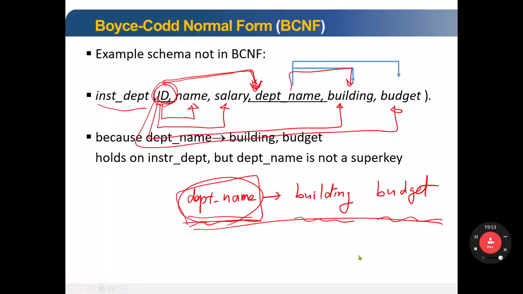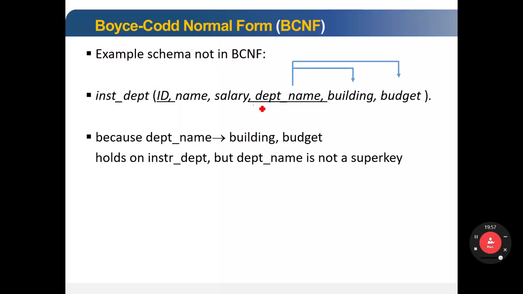So let's go back to the previous slide. We found a problem. What do we do? Delete these two attributes from the original table and create another table with these three attributes. So this department name will show up in the two output tables.